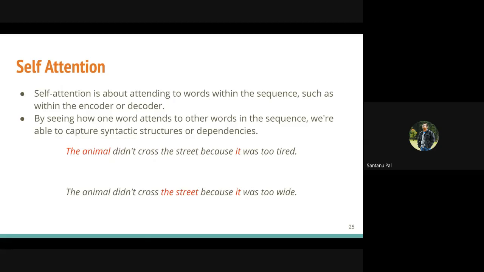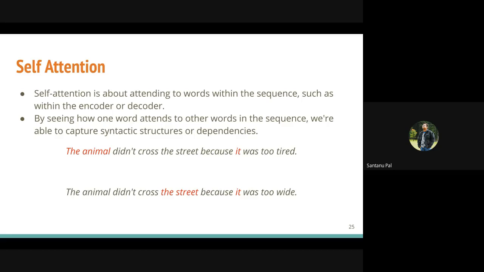Now we have self-attention. For self-attention and cross-attention, the basic attention mechanism calculation is the same, but the inputs are different. In self-attention, your input is the same source sentence. But in cross-attention, the input comes from the source sentence and the target sentence, the output sentence.